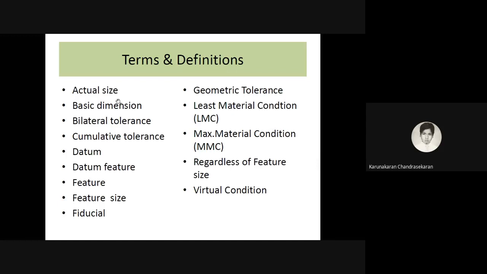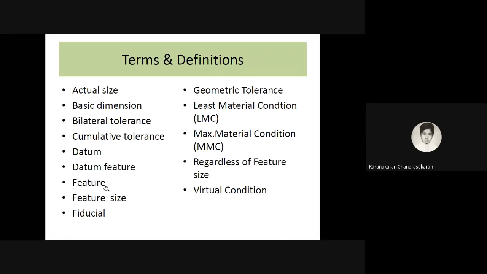What is the actual size of the component? How to define the basic dimension? What is tolerance, unilateral tolerance, bilateral tolerance, cumulative tolerance, and how to represent a simple datum. Datum is nothing but a Cartesian system in which you are keeping a component and you are defining it with respect to three planes, and how to define the datum in a geometrical way, that is called geometry feature.